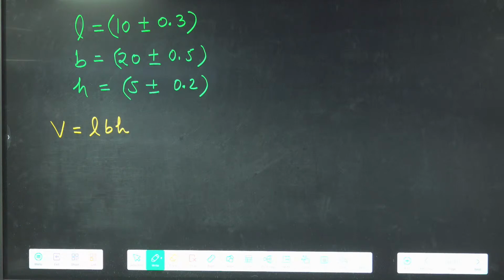What are others saying? Two people are saying 1000 plus minus 30, but I think 30 is too much error. Okay, Tina is saying 9.5, Gautam is saying 9.5, two people are saying. Tell the correct answer, very simple one. Nayak is saying 9.5. I think 9.5 is correct.